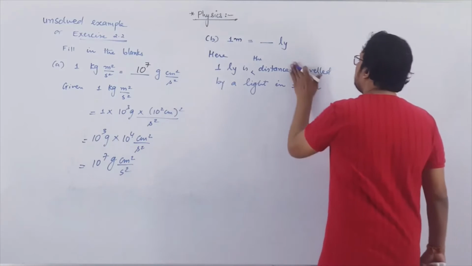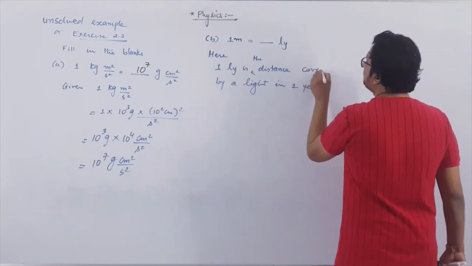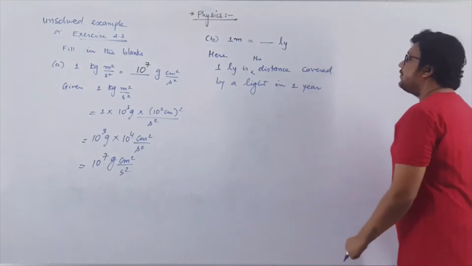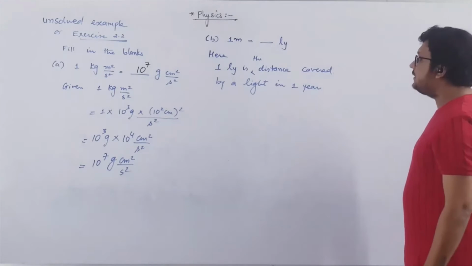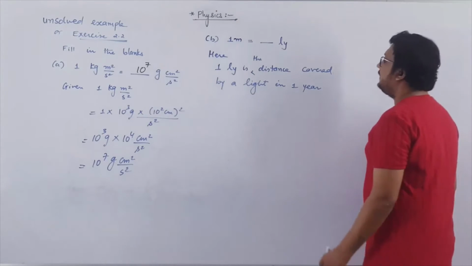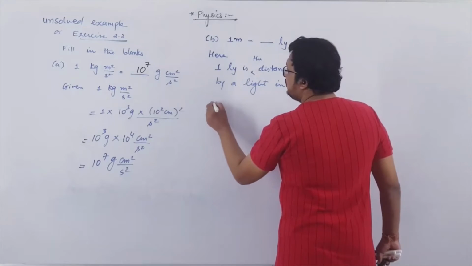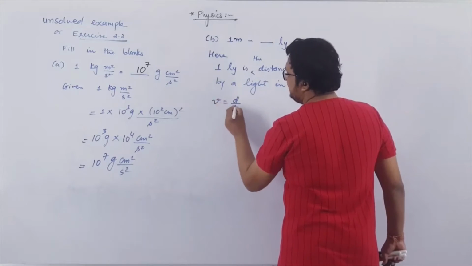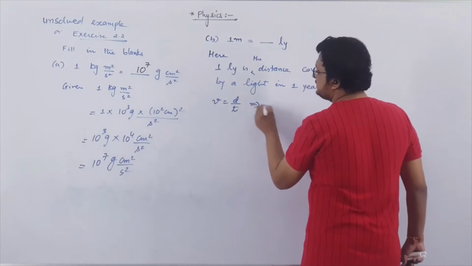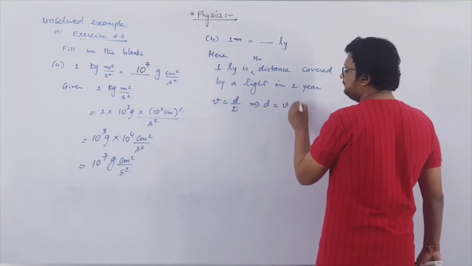Instead of travel, you can write cover. The total distance covered by light in 1 year is known as 1 light year. Right? So we know that speed is distance upon time. So this implies that distance will be equal to speed into time.